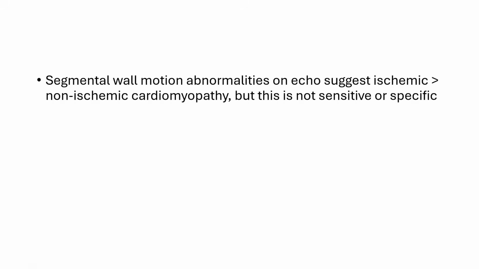Segmental wall motion abnormalities on echo suggest ischemic cardiomyopathy, but this is neither sensitive nor specific. Some non-ischemic cardiomyopathies may have segmental motion abnormalities, such as myocarditis or postmyocarditis, which tends to predominate in the inferior and inferolateral walls, or sarcoidosis, which also predominates at the inferobasal inferolateral wall, as well as any dilated cardiomyopathy with focal segmental scarring.